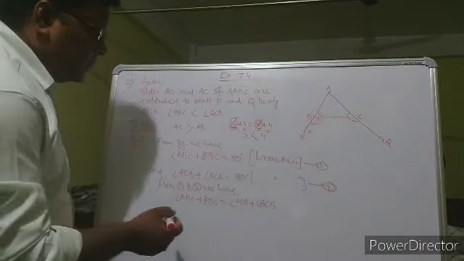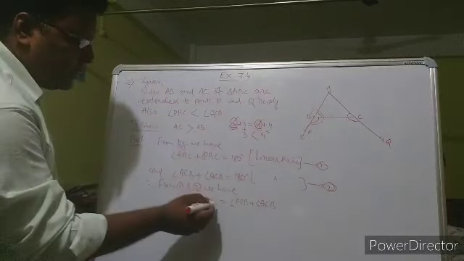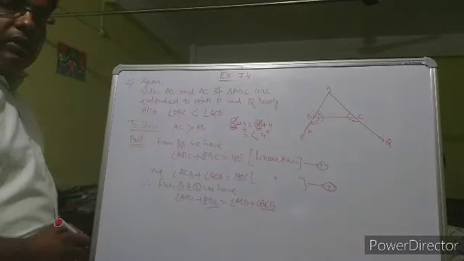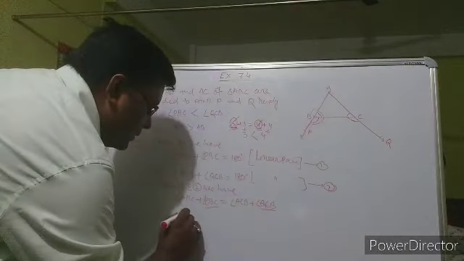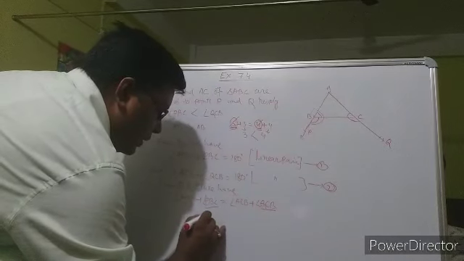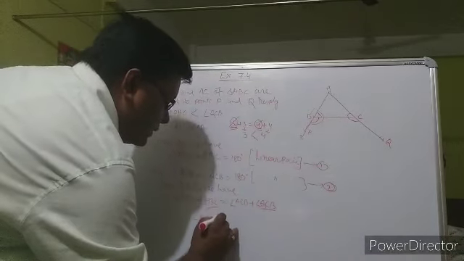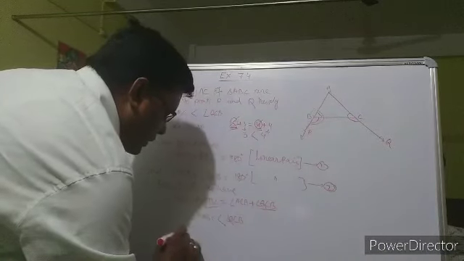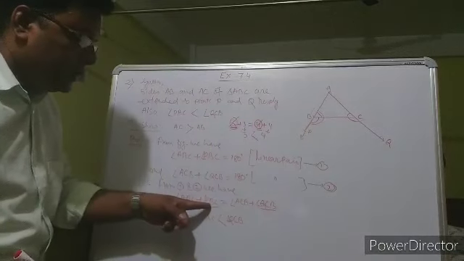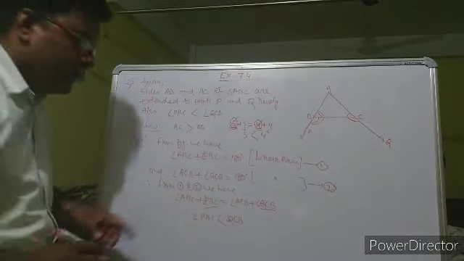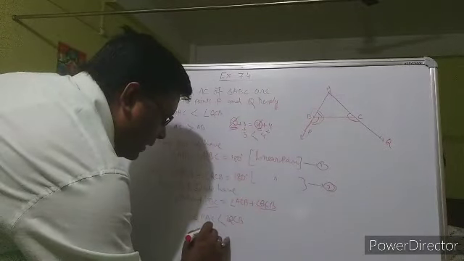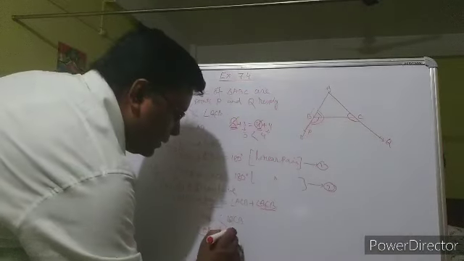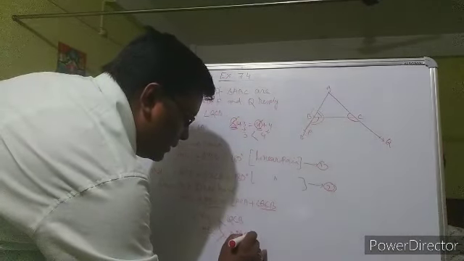Now here, PBC is less than QCB. So since angle PBC is less than angle QCB, this is the smaller part. So the remaining part will be greater, that is angle ABC will be greater than the remaining part, angle ACB.